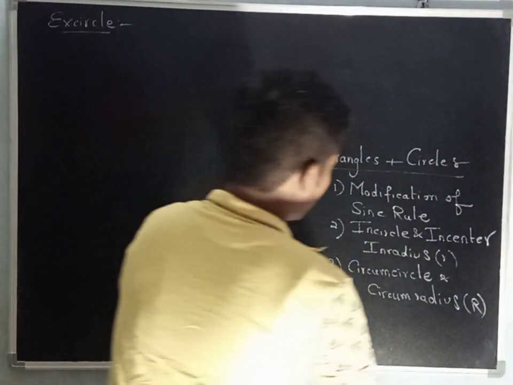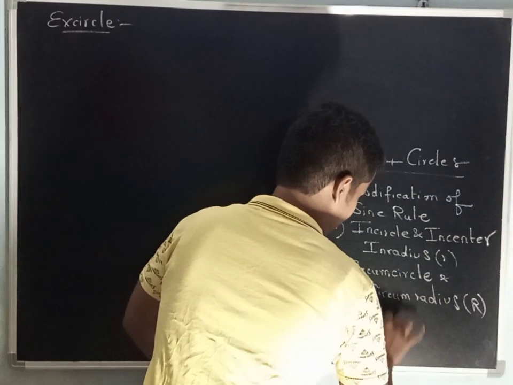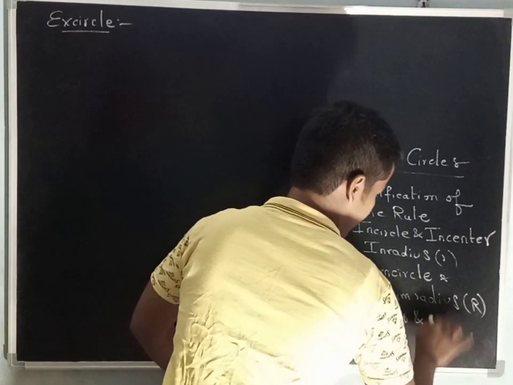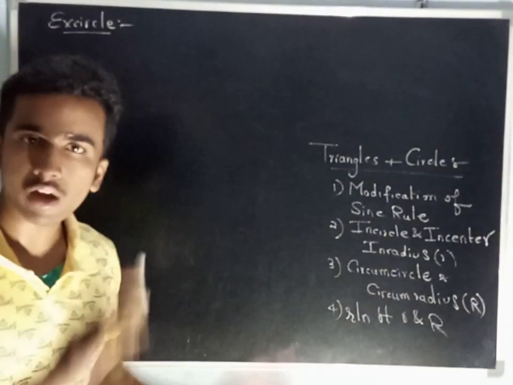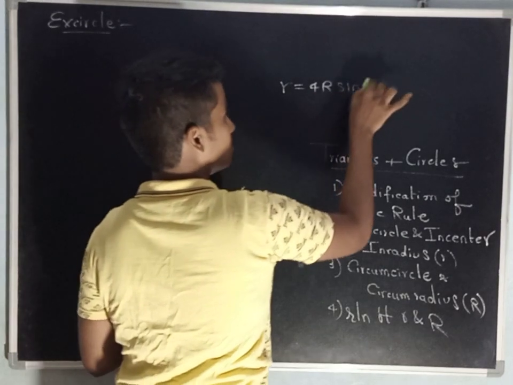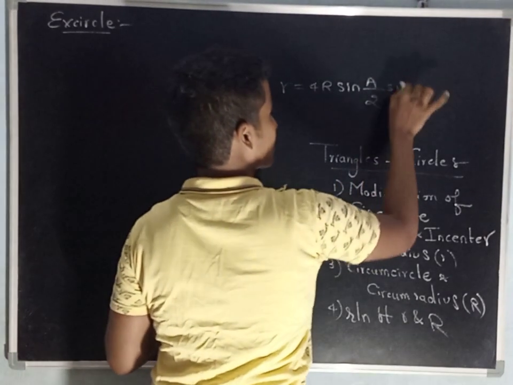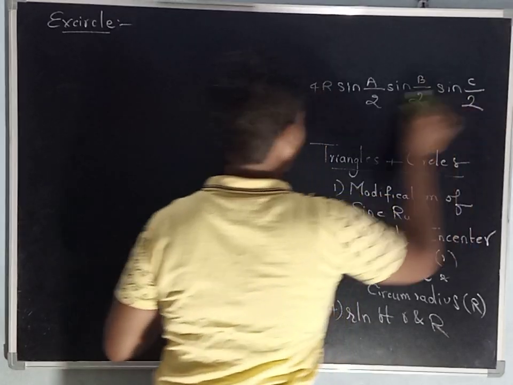Fourth concept. Another concept that we have discussed is the relation between small r and capital R. We have already derived that small r is equal to 4 capital R sin A by 2, sin B by 2 and sin C by 2, right?